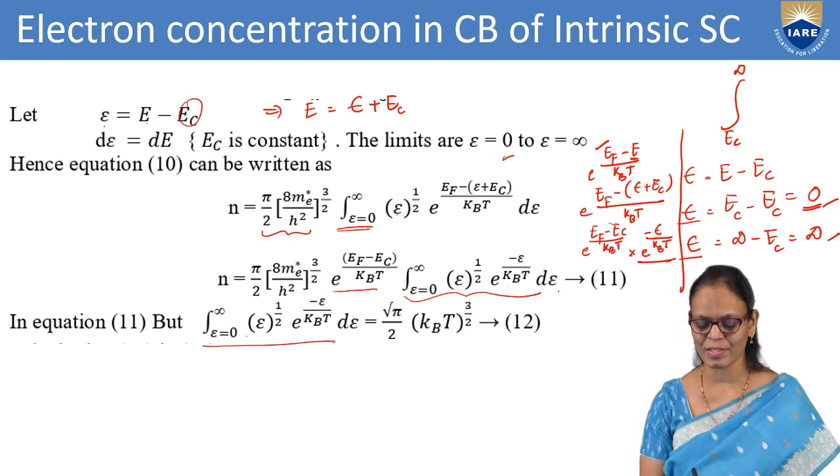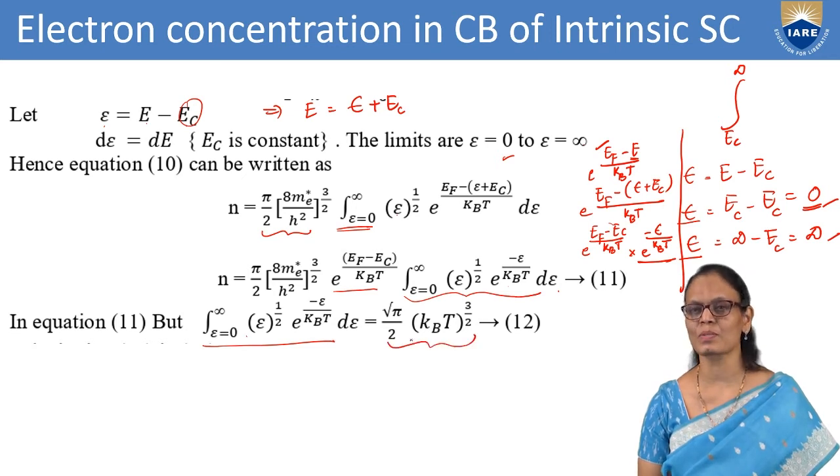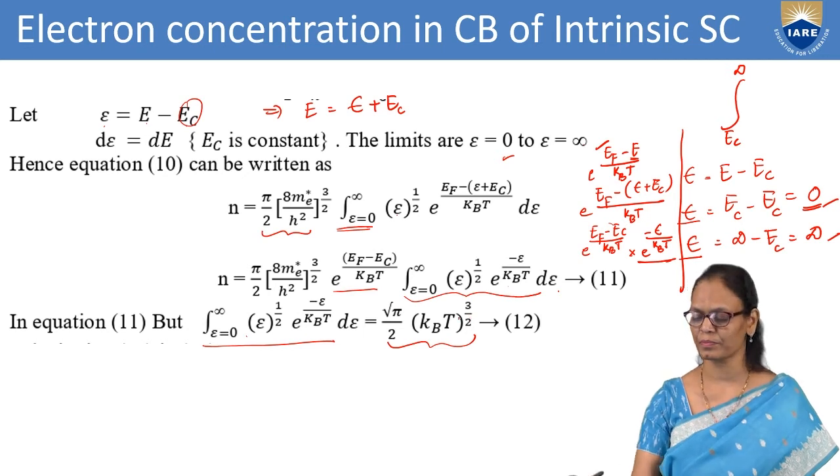So for this we are going to substitute this value, root pi by 2 kBT power 3 by 2.